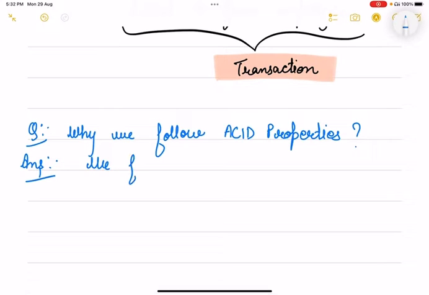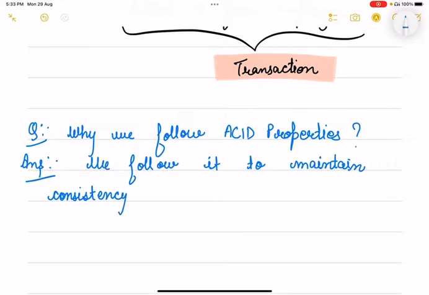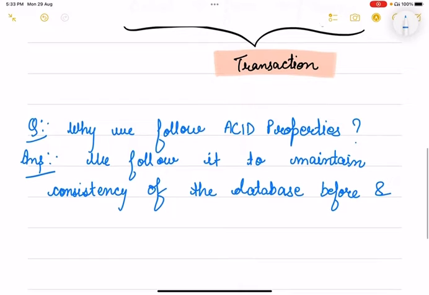Why do we follow ACID properties? We follow it to maintain consistency of the database before and after the transaction.